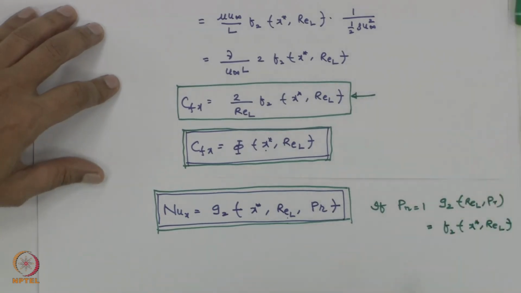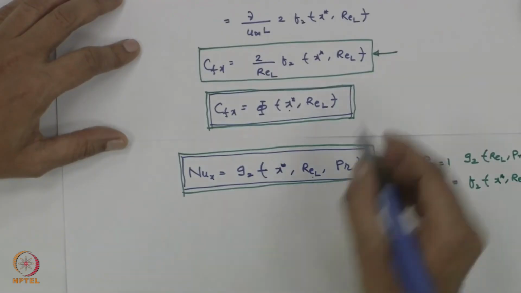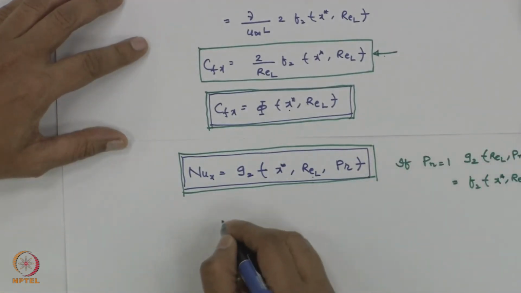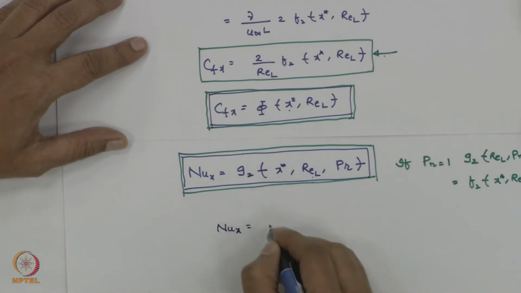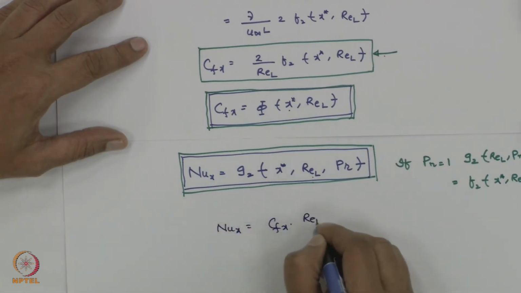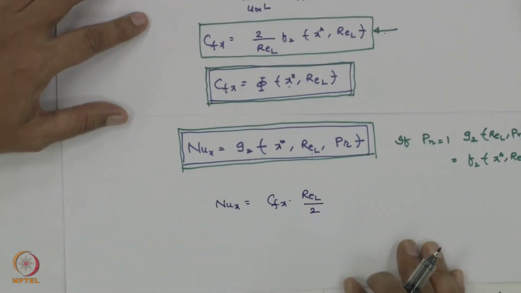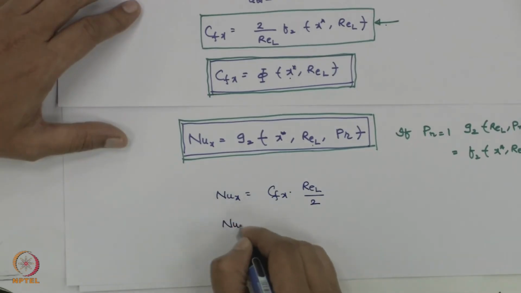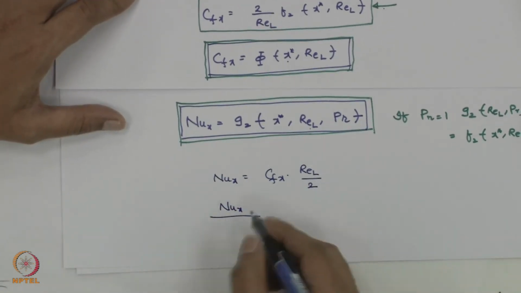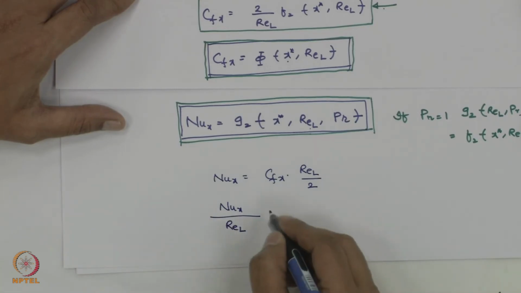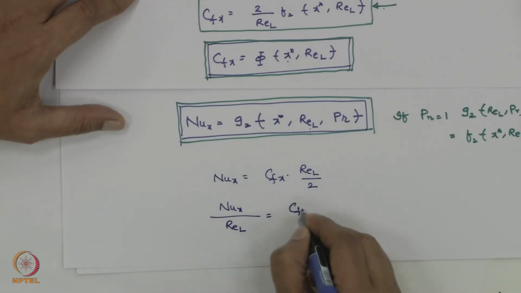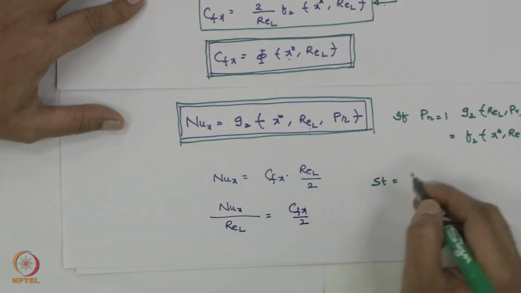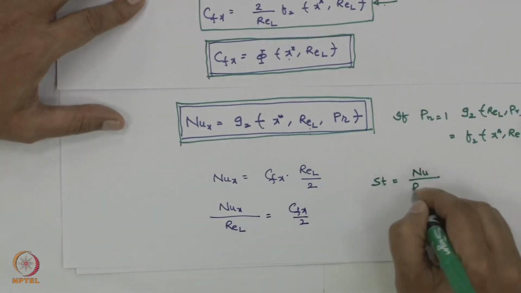So, if that happens, comparing these two equations, because g2 is equal to f2, I have Nu x equal to Cfx into ReL by 2. So, you get Nu x upon ReL is equal to Cfx by 2. We define Stanton number, St equal to Nu by Re Pr.